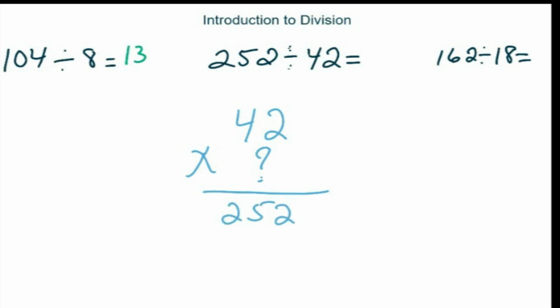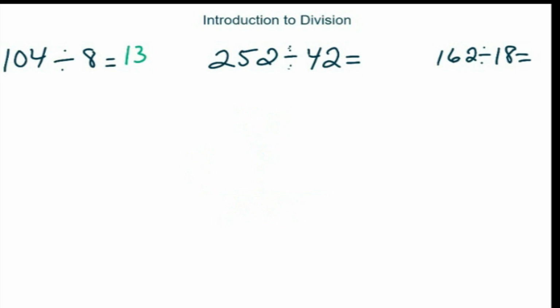Whatever number times 42 equals 252, that number is our answer to this division problem. Let's start by guessing with the number 8. If we were to multiply 42 by 8, let's see if it would give us 252 as an answer.